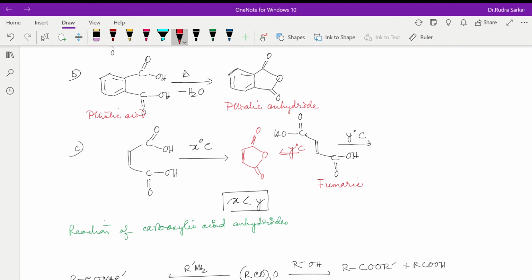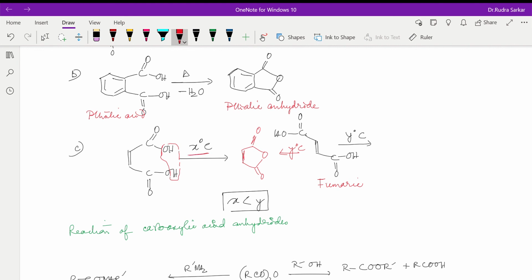Now, the diacid which is in the cis form, since the spatial orientation of the OH groups are towards each other near about, we can think that this anhydride will be forming at a lower temperature X.